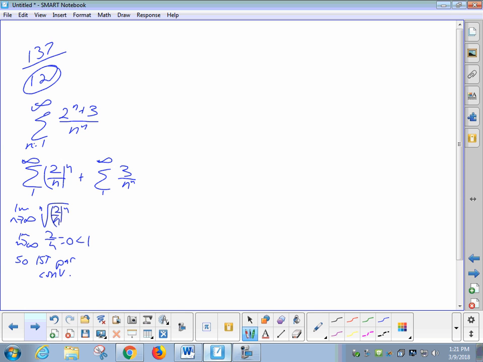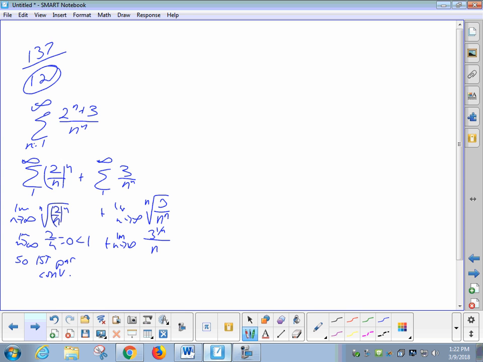All right, now let's play the same idea for the next part. The second part, the same idea, the root test. Maybe the top needs to be talked about: 3 to the 1 over n, over n. What does 3 to the 1 over n go to?